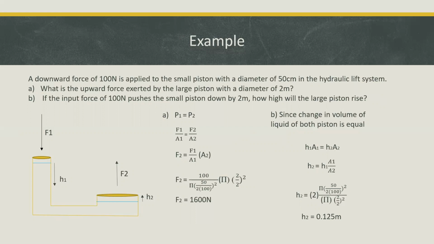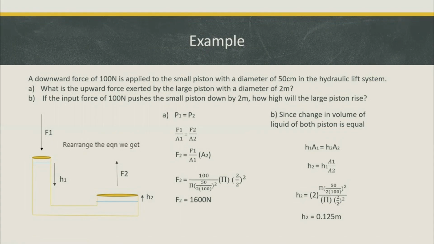Let us look at question A first. According to Pascal's principle, pressure applied will be transmitted equally to every part in an enclosed fluid, and therefore the pressure at piston 1 is equal to the pressure at piston 2. The force applied at piston 1 divided by the area of piston 1 will be equal to the force applied by piston 2 divided by the area of piston 2.